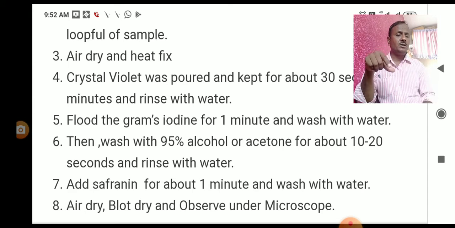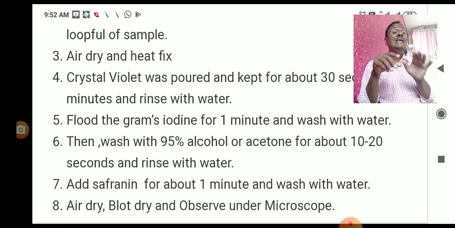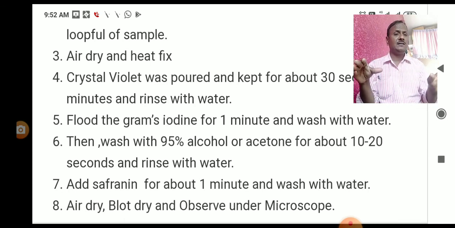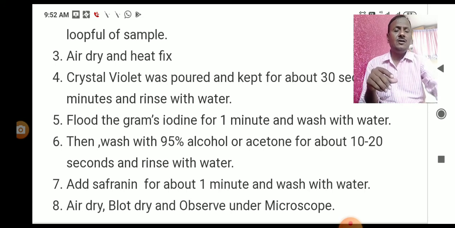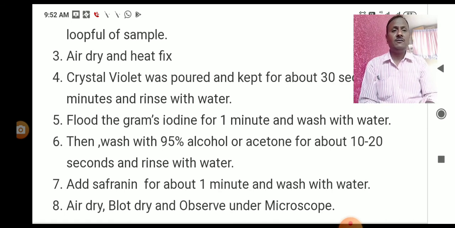After that, add 95% ethanol drop wise on the smear for the decolorization process. After decolorization, add the final stain, the counter stain, that is safranin, or in place of that we can also use basic fuchsin. Keep the safranin or basic fuchsin for 1 minute on the smear.